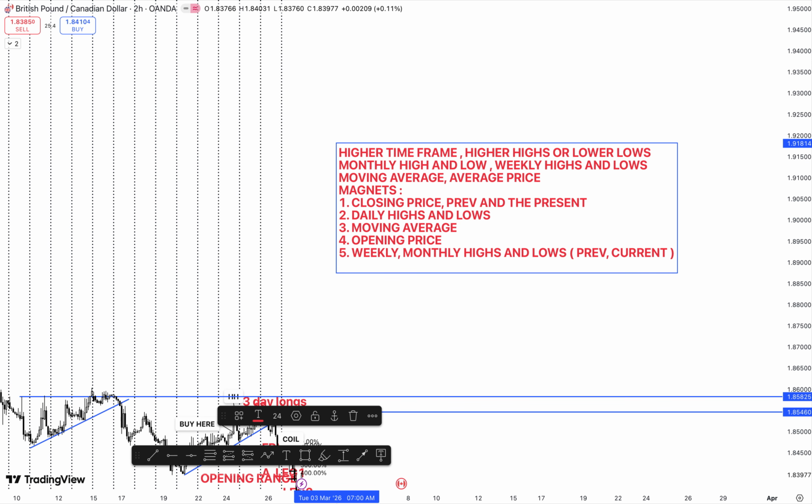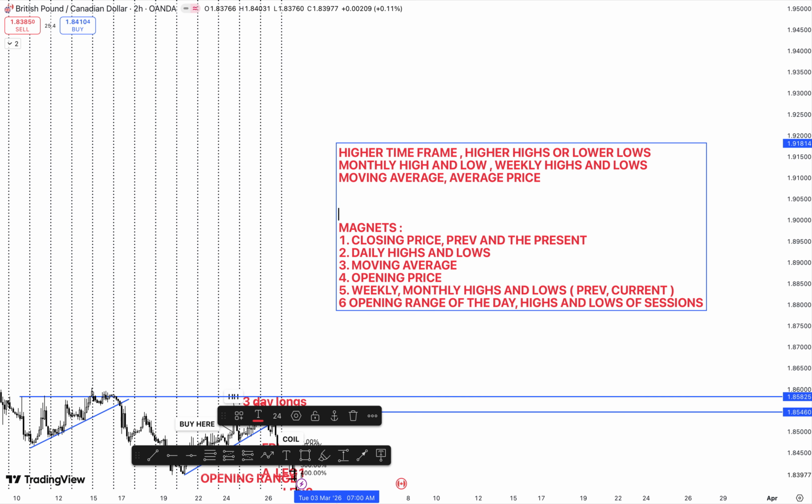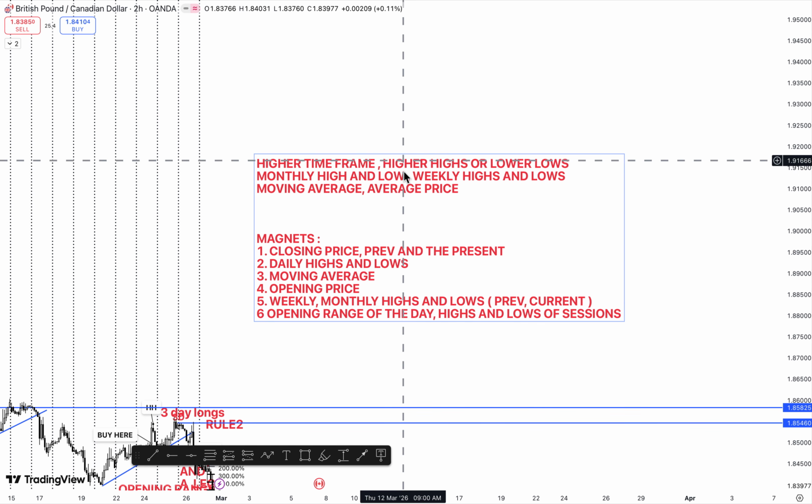We want to also pay attention to the opening range of the day, also highs and lows of sessions. These are magnets. Remember, these are magnets.